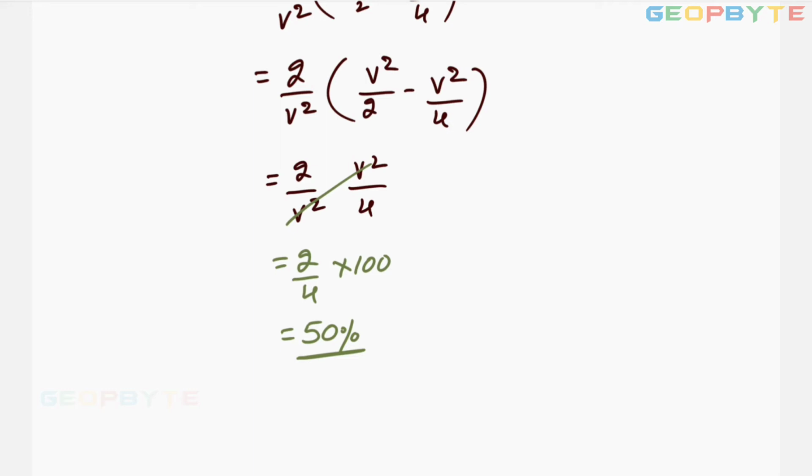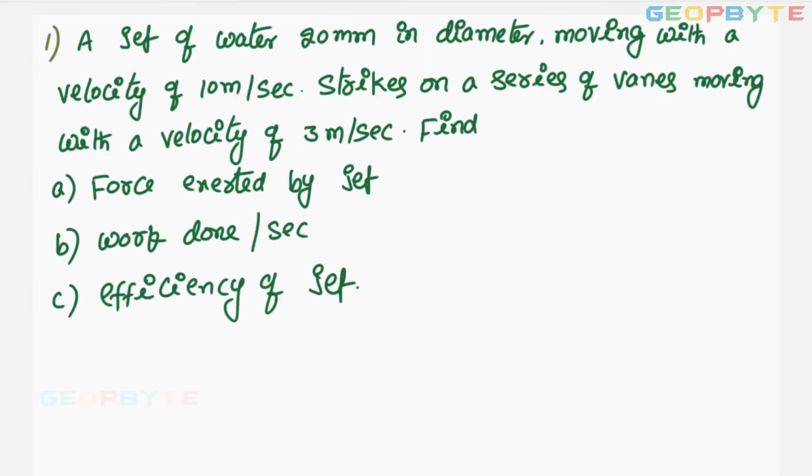So for this concept, let us do some problems. Look at the problem. A jet of water 20 mm in diameter, moving with a velocity of 10 meter per second, strikes a series of vanes moving with a velocity of 3 meter per second.